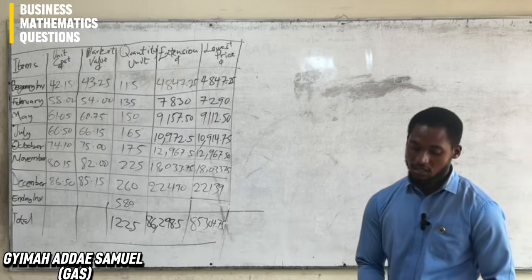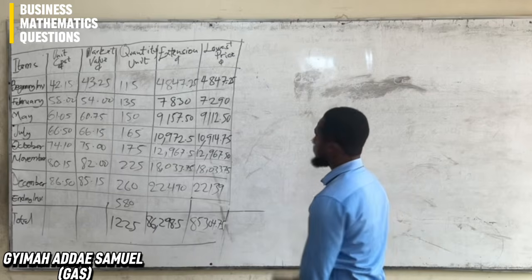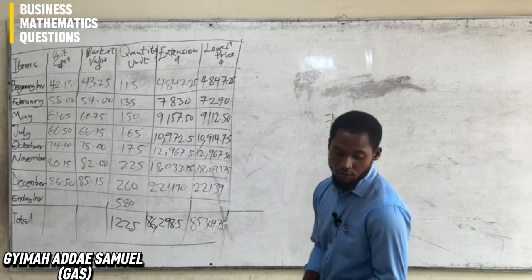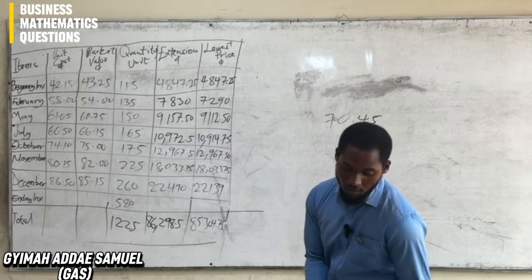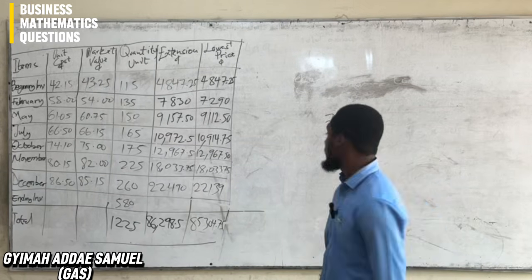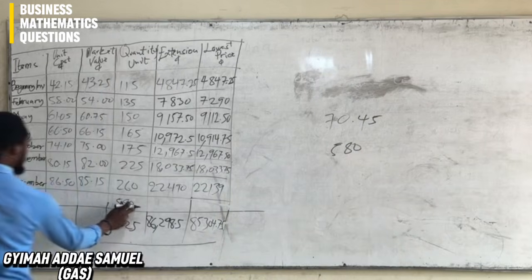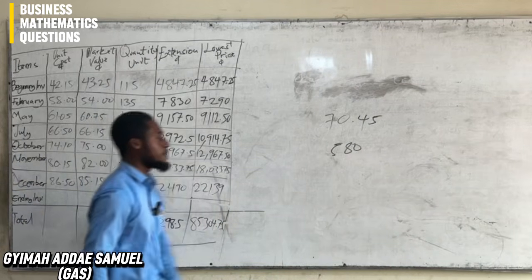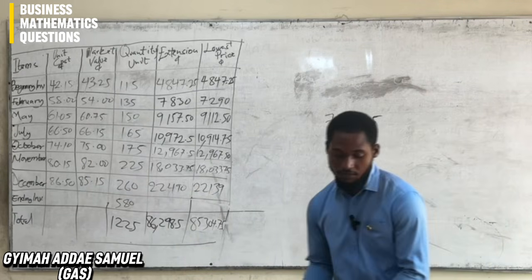We had the average cost in the first question we solved to be 70.45. The ending inventory given is 580, and it's already stated in the table. So what you do is that you multiply these two.